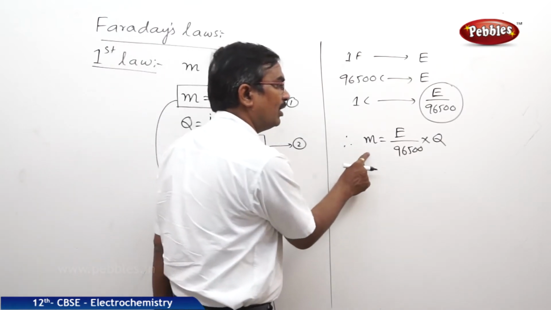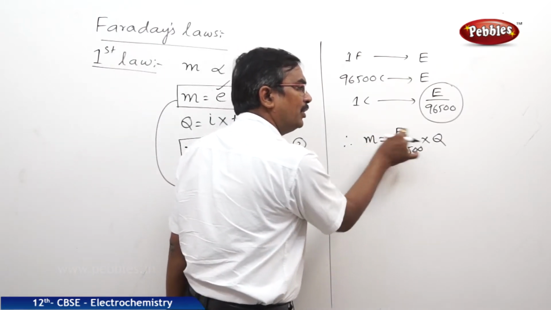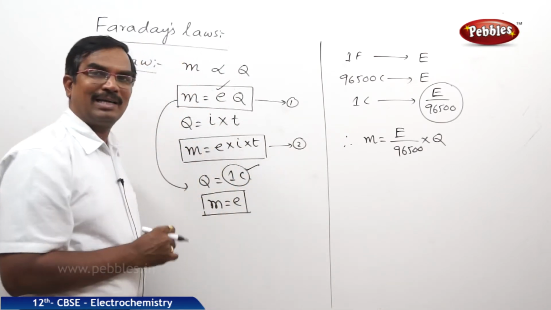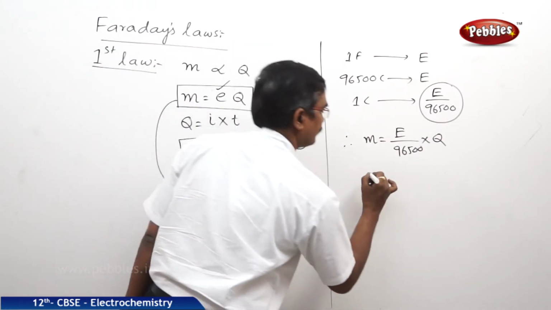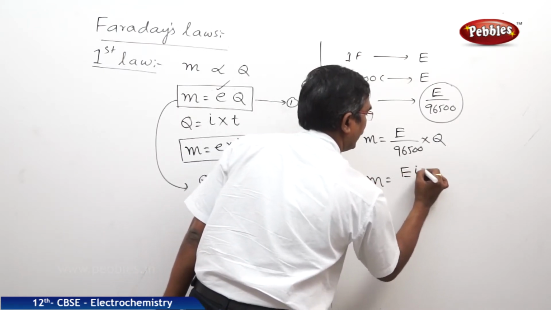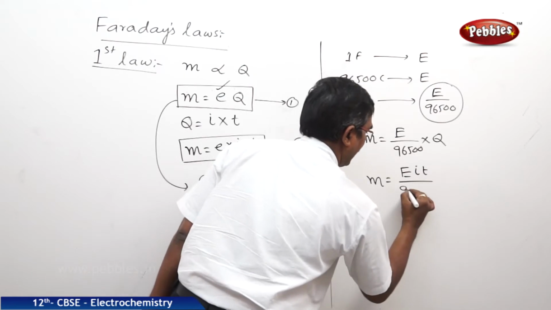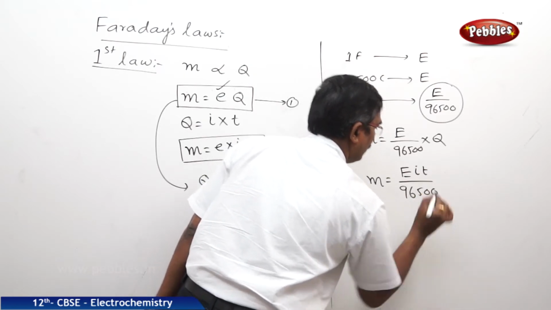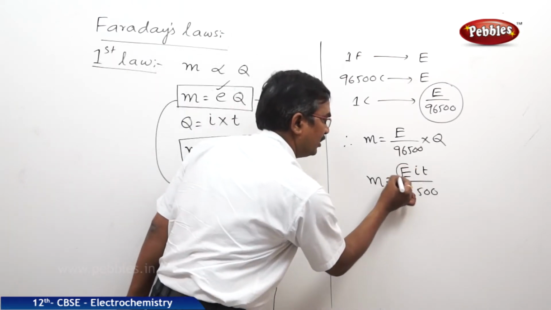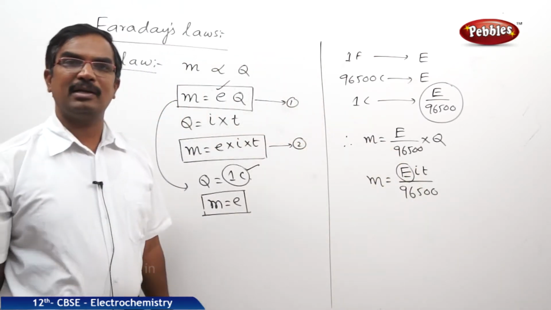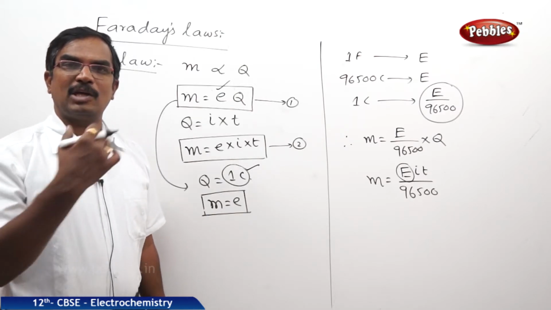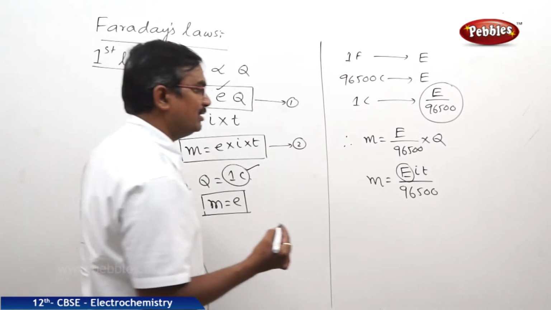So small m is equal to the equivalent weight of the metal into Q, the charge. But what is Q actually? I into T, or C into T. So M is equal to E into I into T divided by 96,500. But what is exactly E here? Nothing but the equivalent weight of the metal or element, which is given by its atomic weight by the valency.